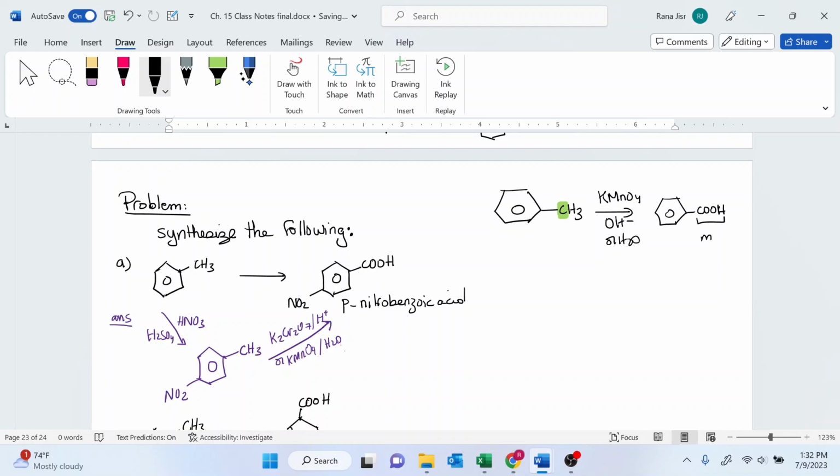Carboxylic acids, these are meta directors. And the CH3 is an ortho-para director.